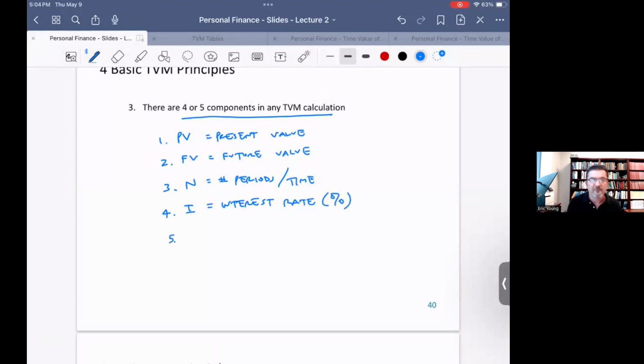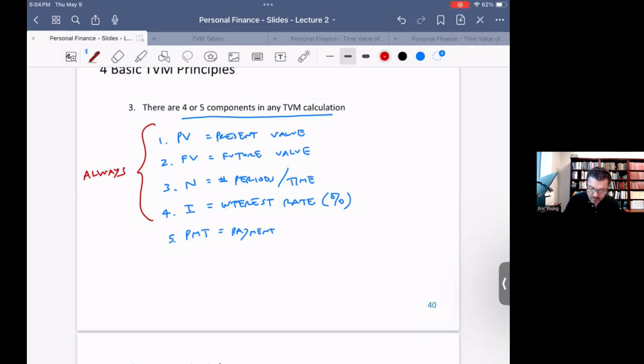And then our 5th component is what we call PMT. This is the payment. Just so you know, these 4, present value, future value, N and I, we always have those four.